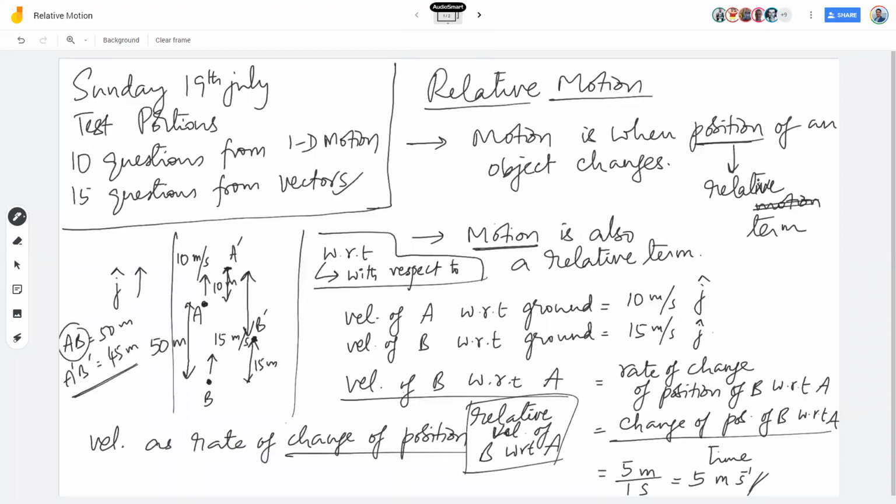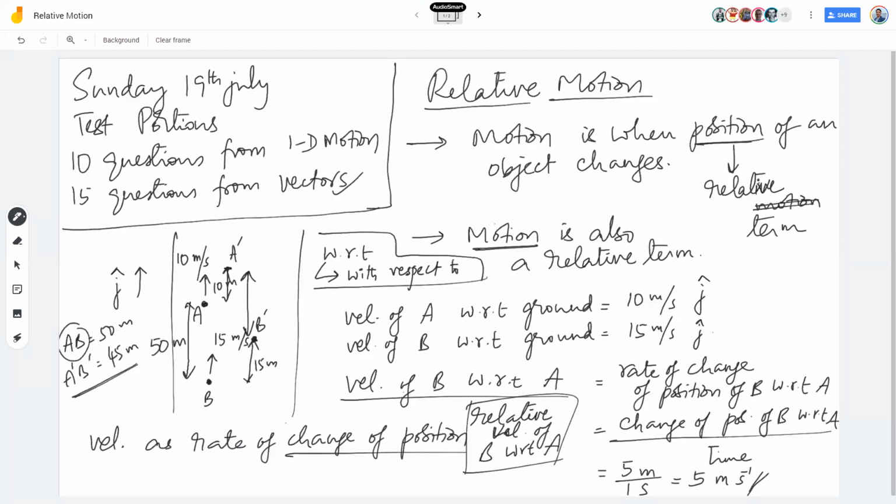Okay, but the approach velocity of B towards A is more than the receding velocity of A from B. And that is why, as a resultant, on net, there is an approaching motion between them.